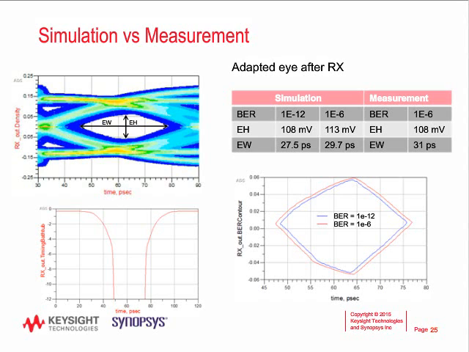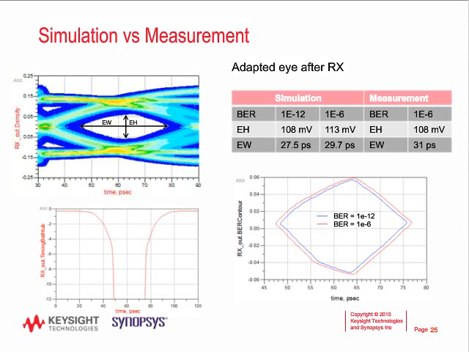For example, as we just discussed in the previous slide, we expect the eye opening to be about 31 picoseconds. Simulation results at BER of 10 to the minus 6 show an eye width of about 30 picoseconds. So that's a very good correlation. We can also see that eye heights of the simulations are also closely matching.